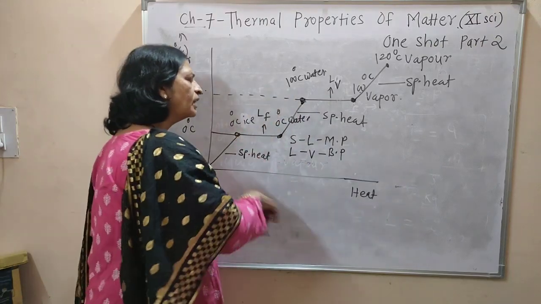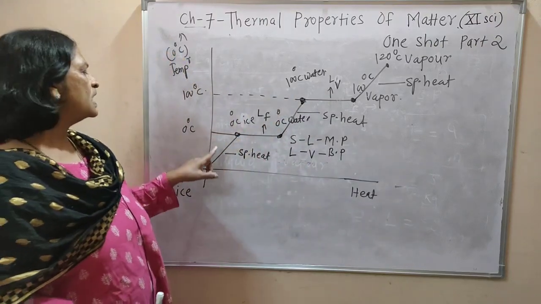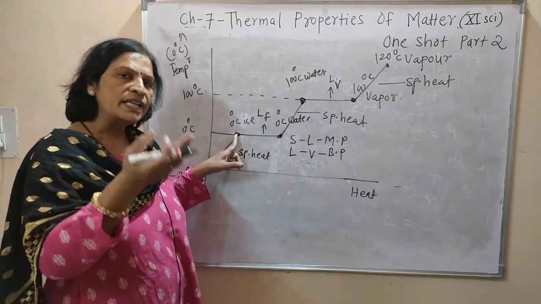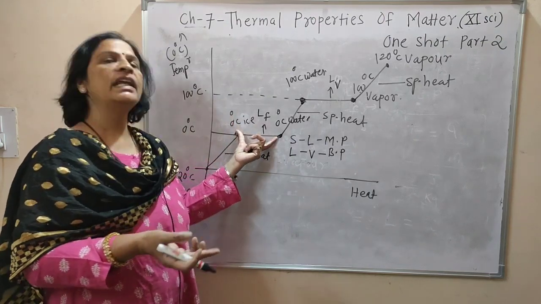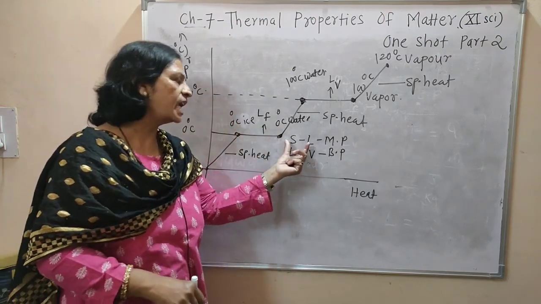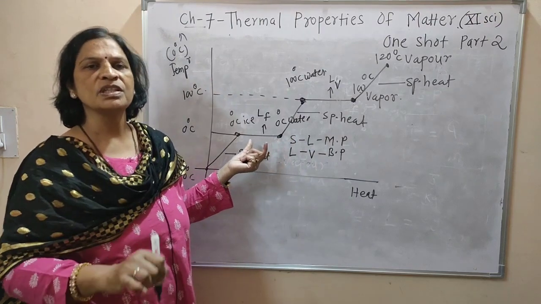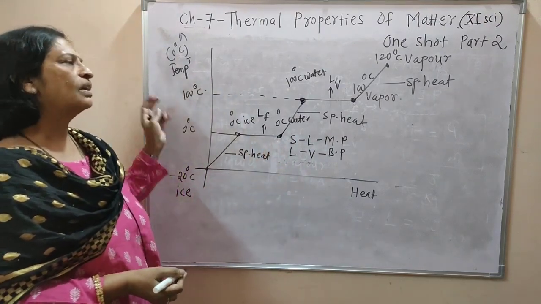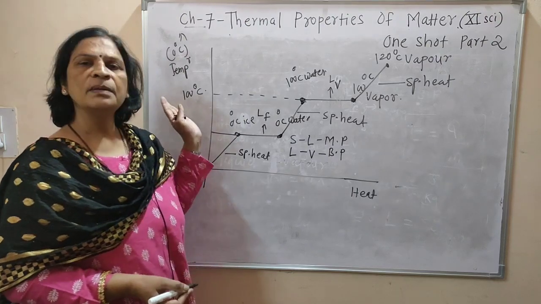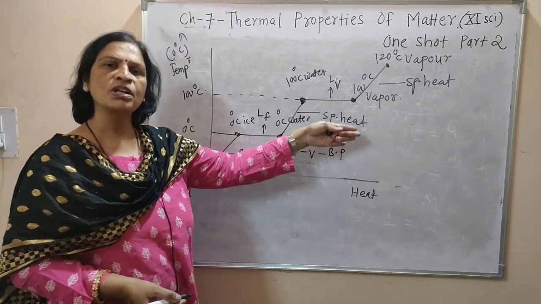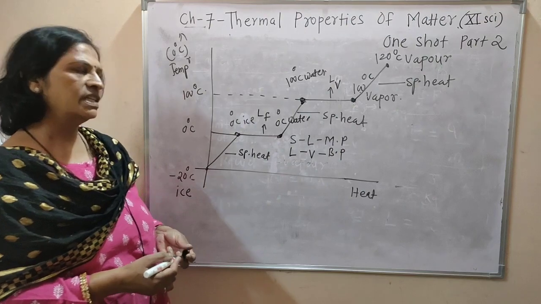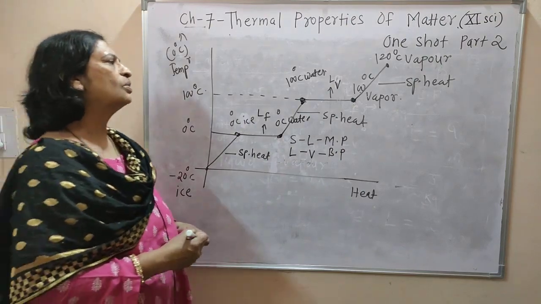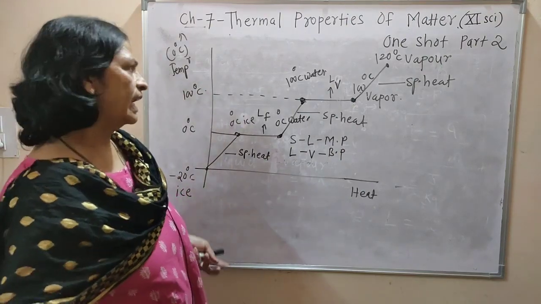In this manner we can explain that specific heat is used to raise the temperature and latent heat is used to change the state of the substance at constant temperature. In this manner we can explain the concept of specific heat capacity and latent heat. I hope all of you understood this concept very well.